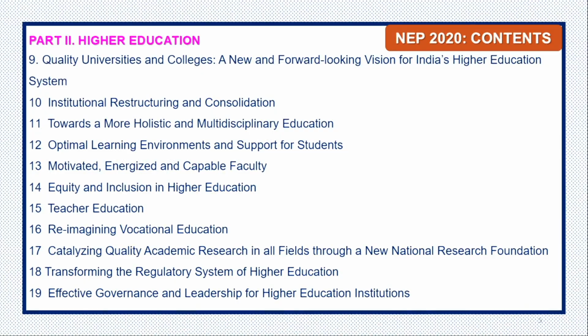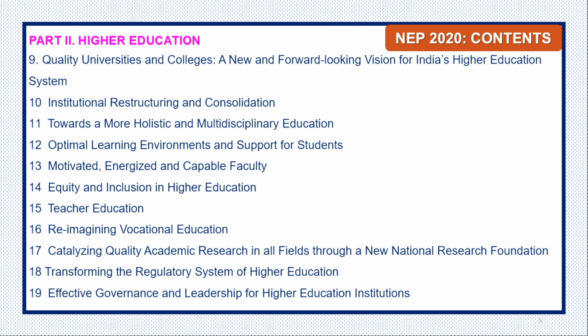Now, the second part consists of higher education. There are 11 units in this part, and it starts from quality universities and colleges, then institutional restructuring and consolidation towards more holistic and multidisciplinary education, optimal learning environment and support for students, motivated, energized and capable faculty, then equity as well as inclusion in higher education.